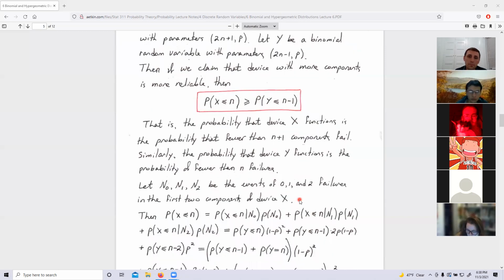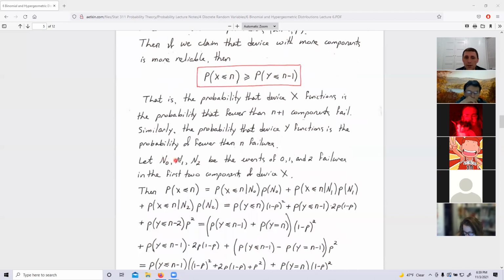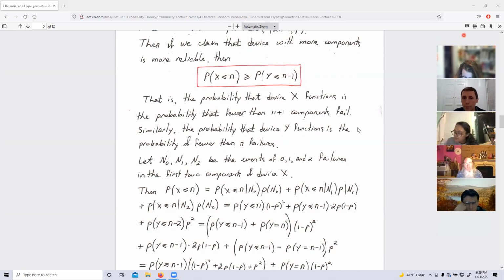So then we can try to compare those probabilities. So what we have is, we're going to say N0, N1, and N2 be the events of 0, 1, and 2 failures in the first two components of device X. Basically, I'm trying to make X comparable to Y, because you see, X has two extra components compared to Y. Do you agree?